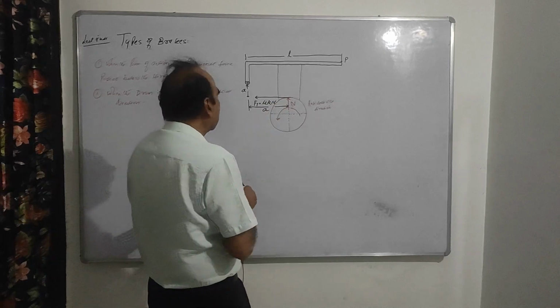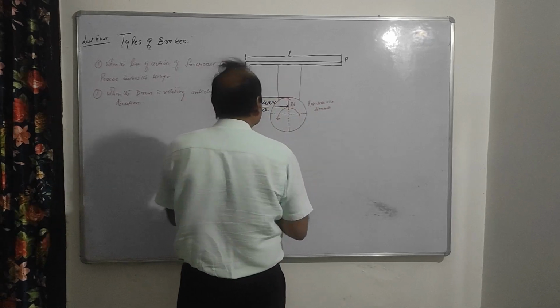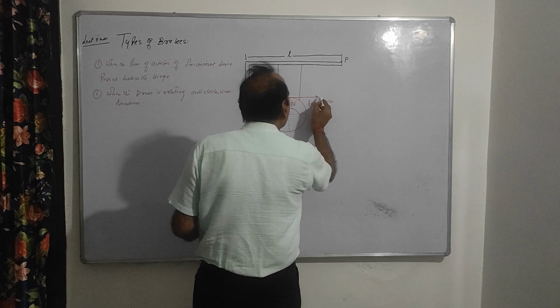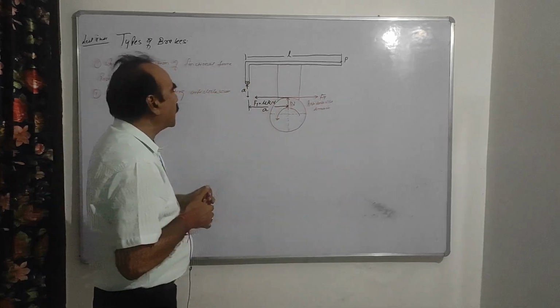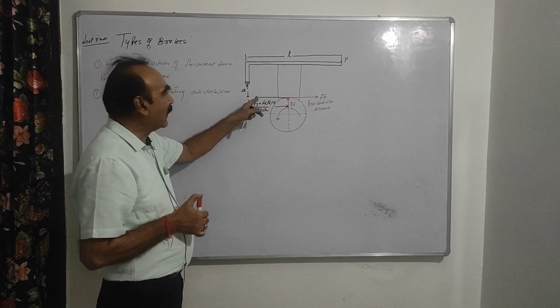The force on the drum and the frictional force on the drum act in the opposite directions, and this is the force on the lever.